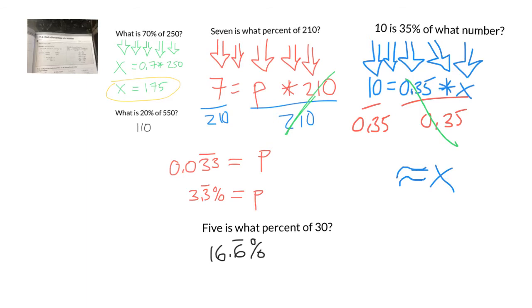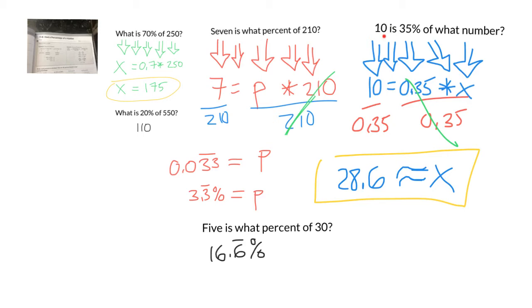So I'm just trying to be precise by saying it's not exact, but it's approximate, and it's going to be approximately 28.6. We're going to round to the nearest tenth. So that is that one.